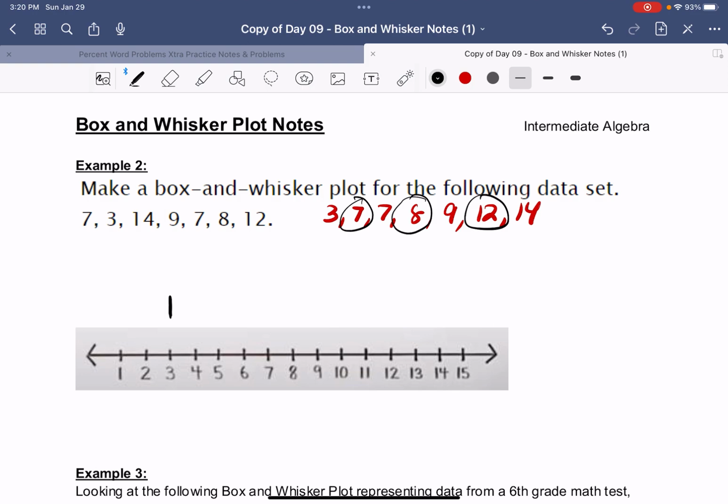My maximum number is 14. I have a Q1 of this, a Q2 of 8, and a Q3 of 12. I'm gonna now connect my boxes, and then here are my whiskers, okay? So you should have a box and whisker plot that looks just like mine. If you do, great job.